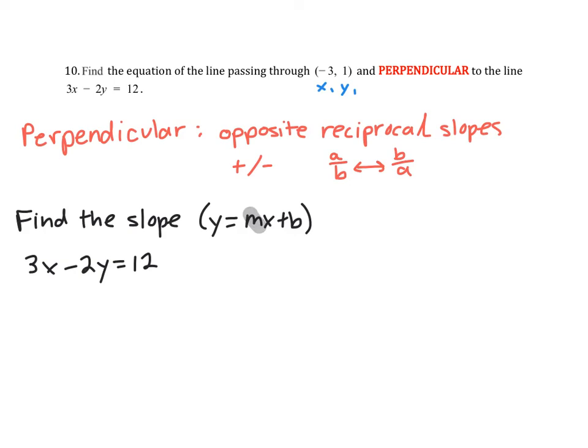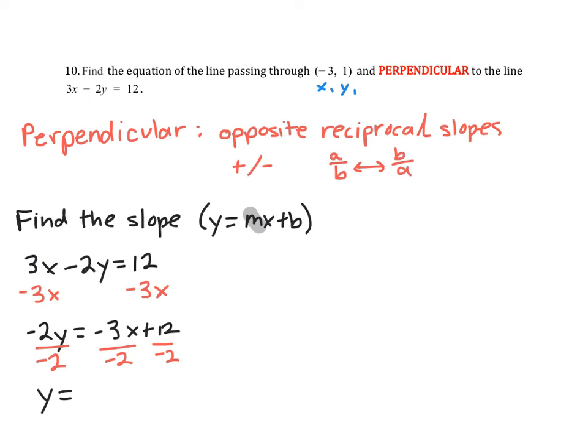So we want our equation to say y equals, so we're going to start by subtracting 3x from both sides. And then we also need to divide every single term by negative 2. That means that our equation will just have y isolated on one side.